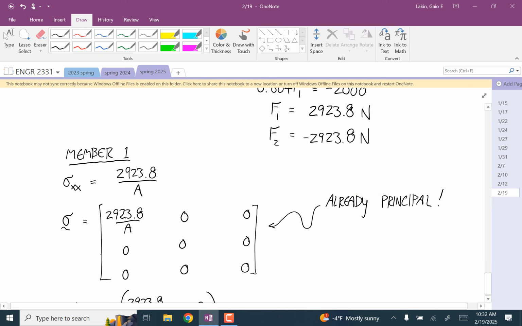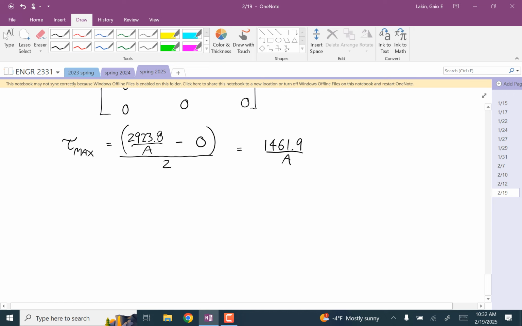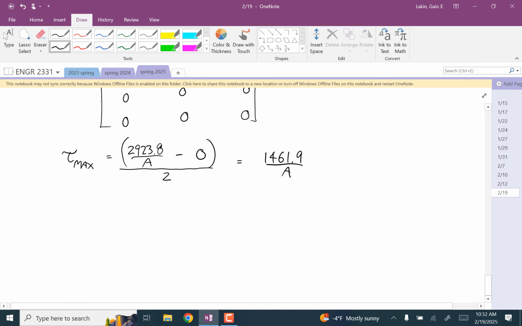And now we want to set that equal to a maximum value of 1 times 10 to the 7. So 1461.9 over A is equal to 1 times 10 to the 7.